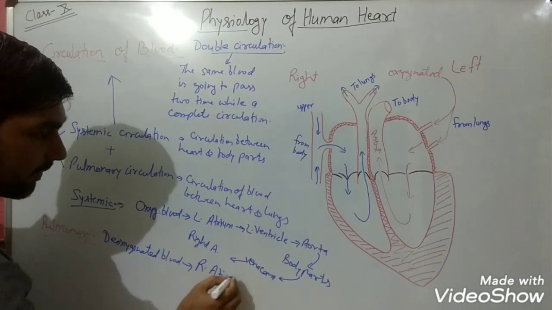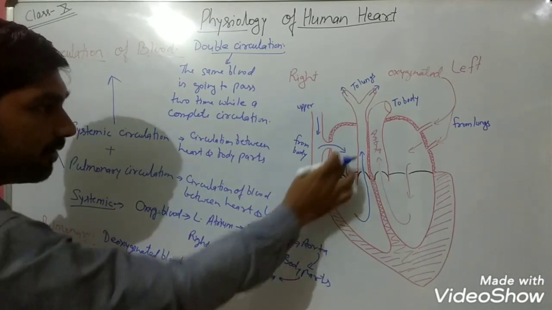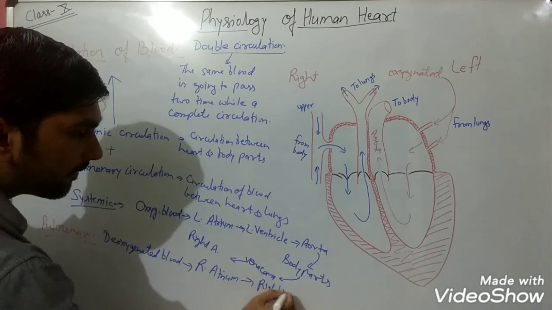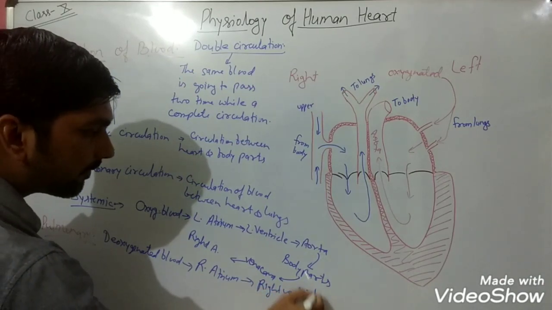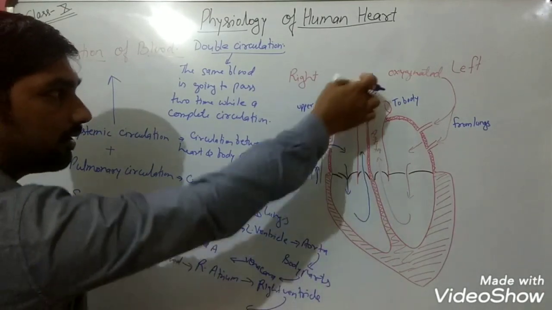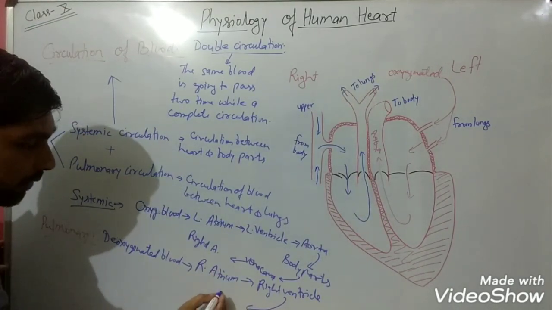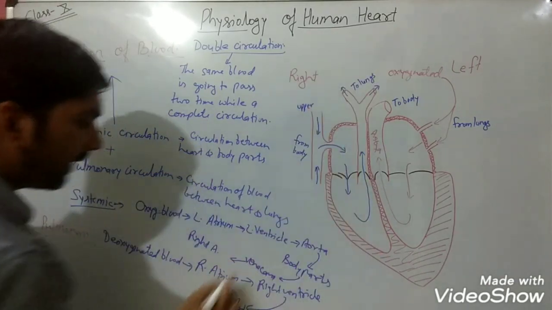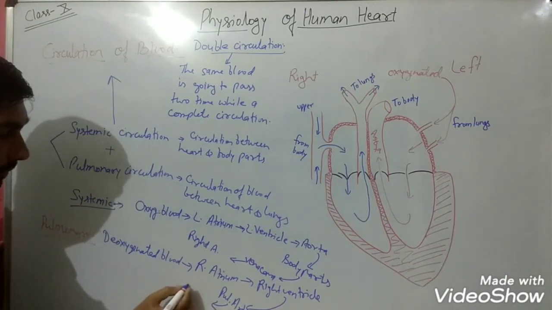From the right atrium, it goes to the right ventricle. From the right ventricle, it fills into the pulmonary artery. From the pulmonary artery, it is provided to the lungs.